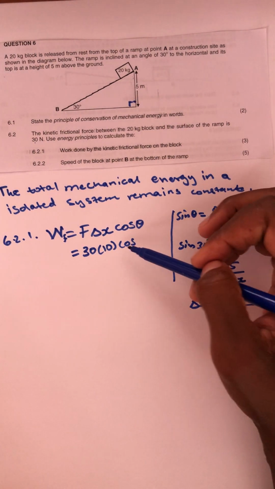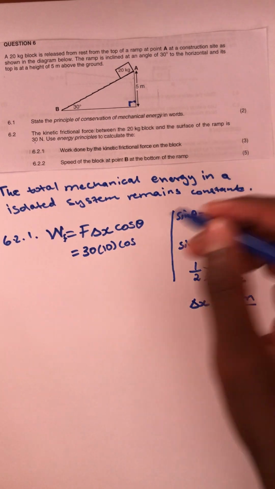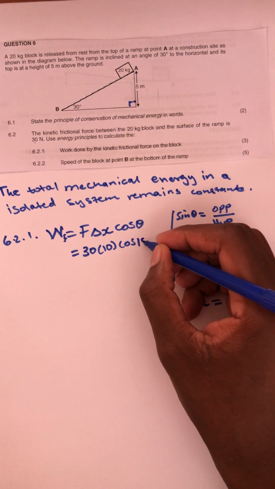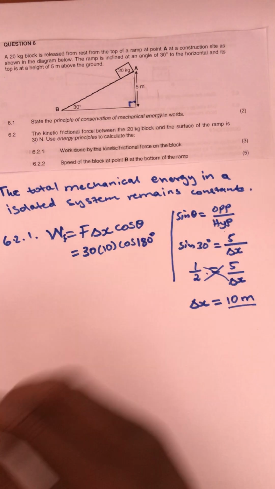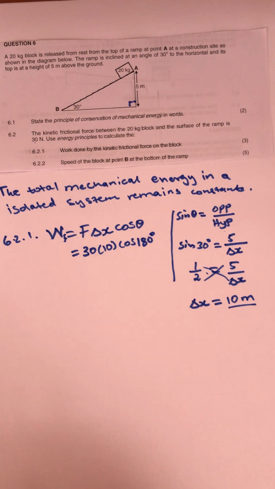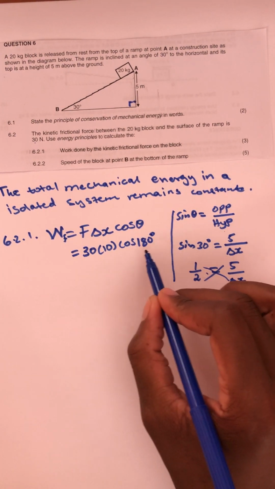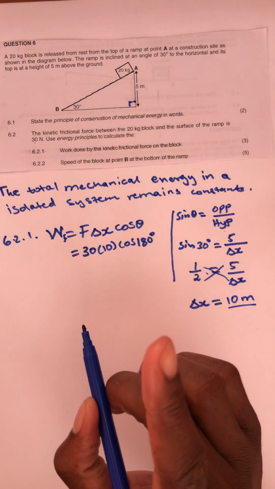Frictional force is the force that is opposing the motion of an object, so it always takes 180 degrees, because frictional force is always opposing the motion. We know that cos 180 degrees is -1.